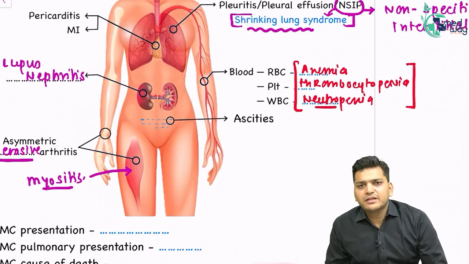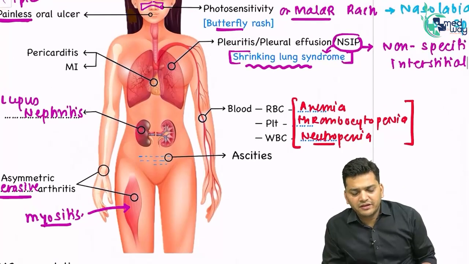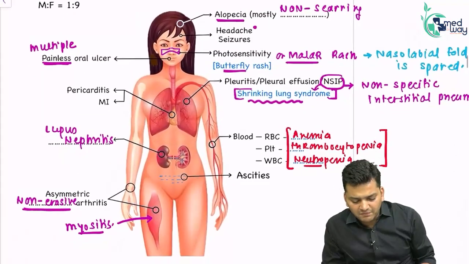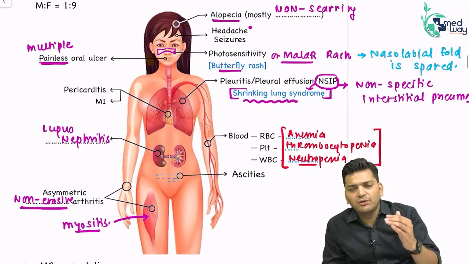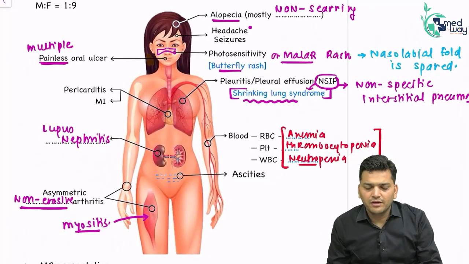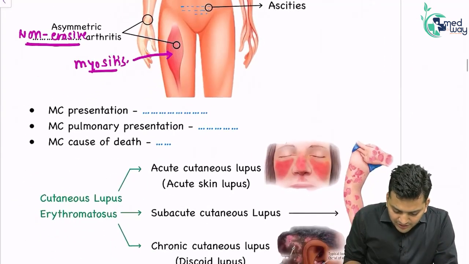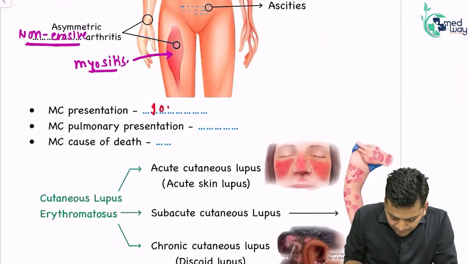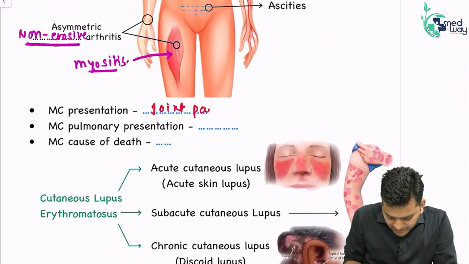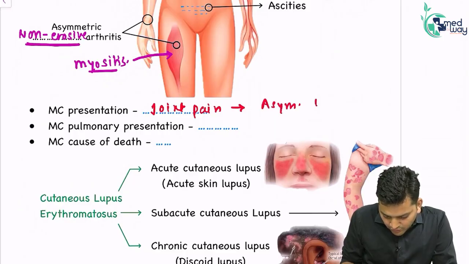So these are the various features that can be there. It's not mandatory that all the symptoms will be there, but the patient can have any of these symptoms when it comes to SLE. Among them, the most common presentation is going to be joint pain. Mostly the SLE patient presents with joint pain, that is the asymmetric non-erosive arthritis.